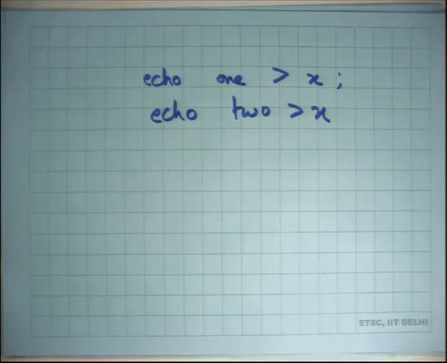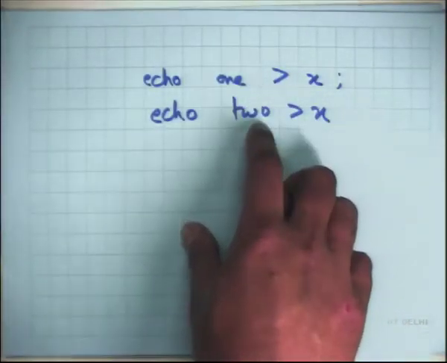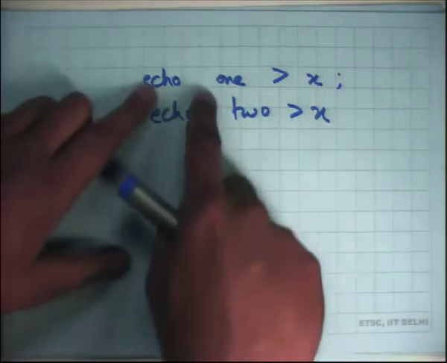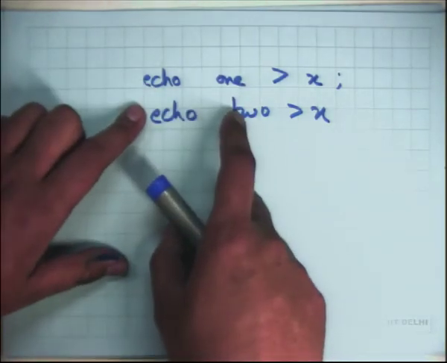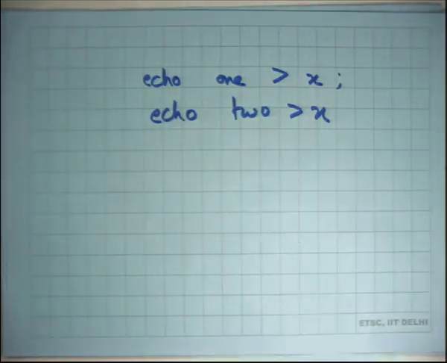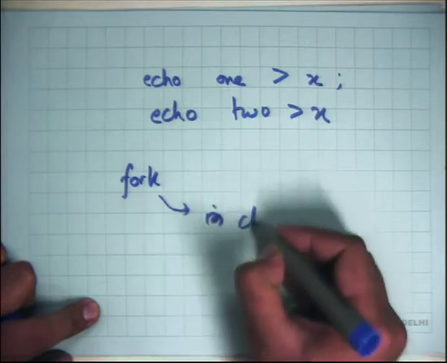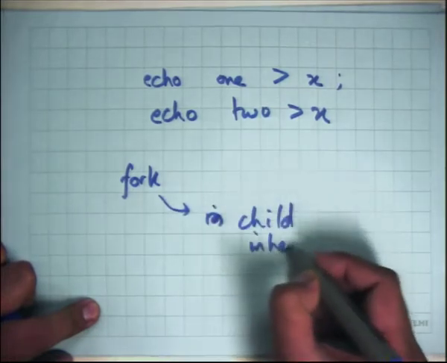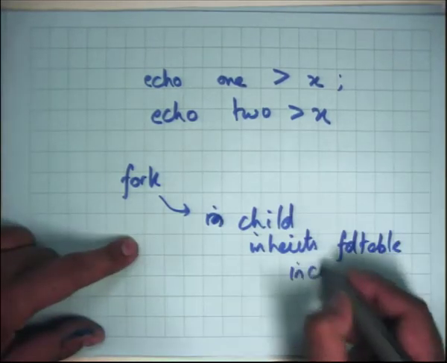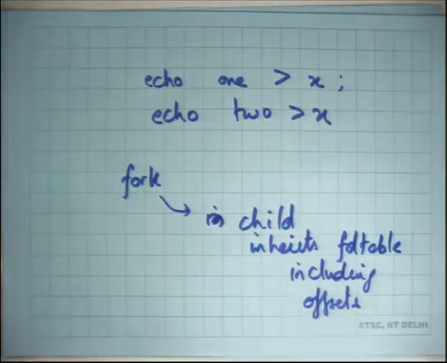You basically want to write to a file: you first want to write 1 and then you want to write 2. If you had explicit offsets, then they would end up overwriting each other, because each program will not know. Recall that when you fork, the child inherits the fd table, which includes the offsets.